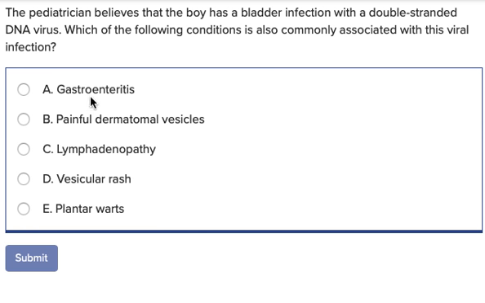A. Gastroenteritis. B. Painful dermatomal vesicles. C. Lymphadenopathy. D. Vascular rash. E. Plantar warts.